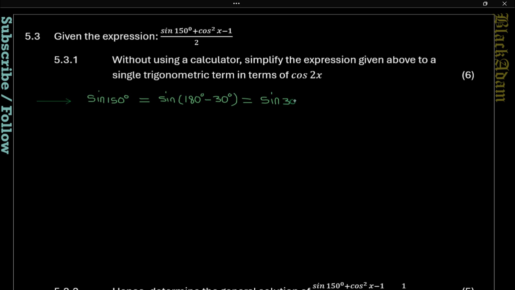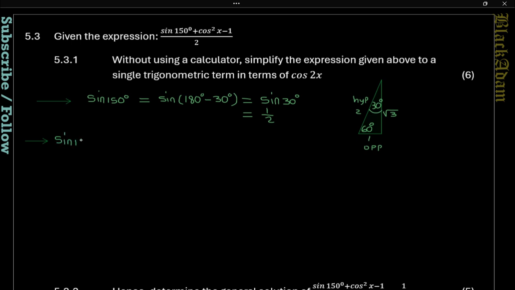So sine 30 degrees, we need to find its equivalent in terms of that triangle. So we have 60 degrees, we have 30 degrees, special angle, 1, 2, root 3. So sine is opposite over hypotenuse, so that satisfies for 30 degrees, so that's half.